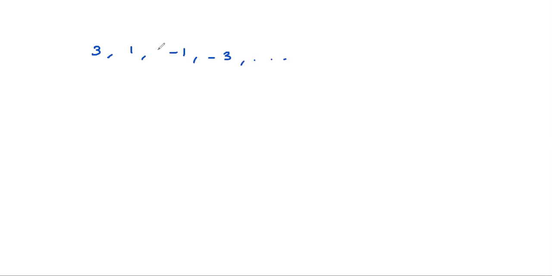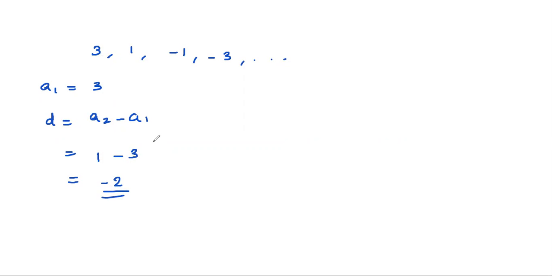For that, you can easily identify the first term from the sequence and it is of course 3. Now to get the common difference, all you have to do is a2 minus a1. You know the value of a2, that is 1. You know the value of a1, that is 3. So the common difference of this sequence is 1 minus 3, or it is equal to minus 2.